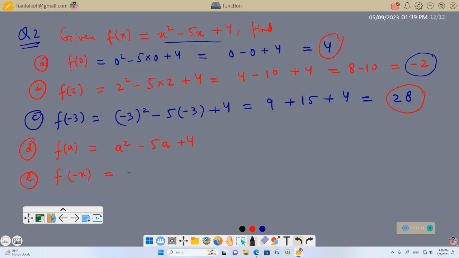That means minus x square minus 5 into minus x plus 4. Minus x square is x square. Minus times minus is plus. So x square plus 5x plus 4 is f of minus x, right?